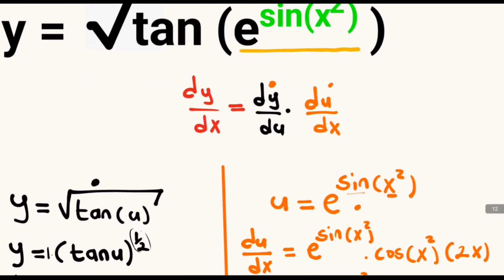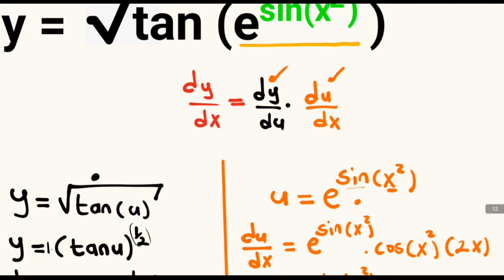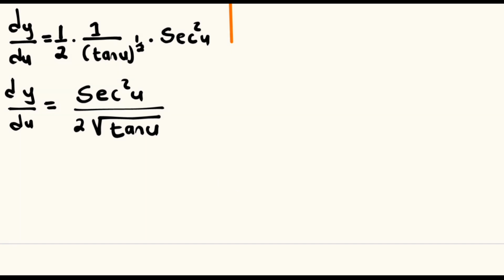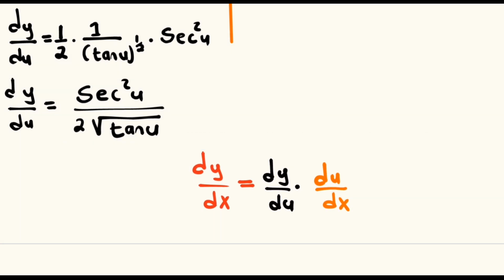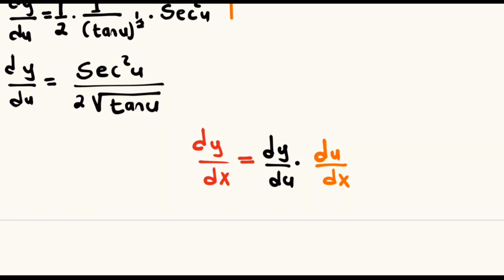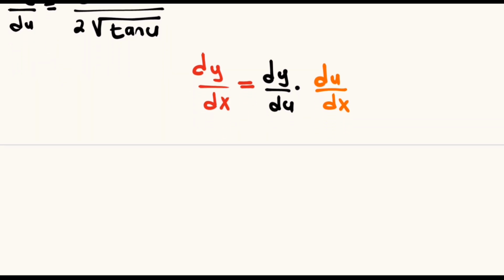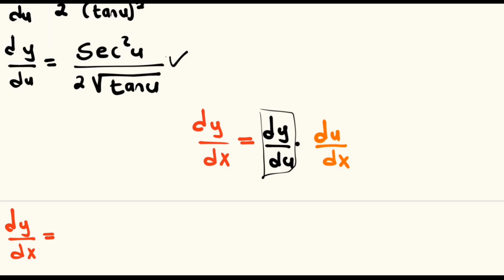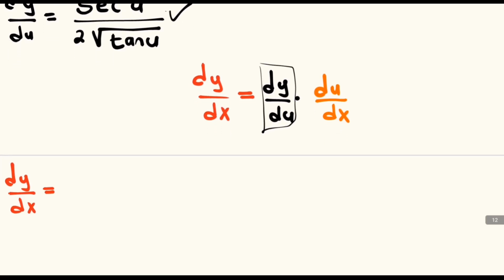We have determined the du over dx and the dy over du, so all that we have to do is to substitute into the dy over dx formula. So let's copy and paste. Dy over dx is equal to the dy over du, which is equal to the sec squared u.